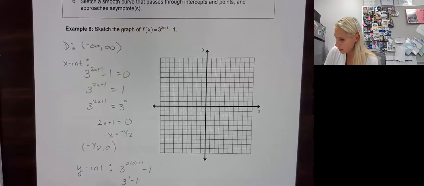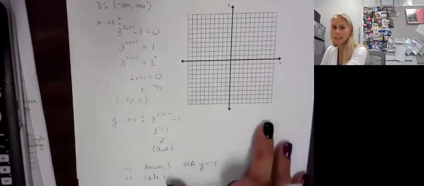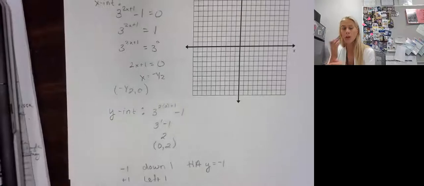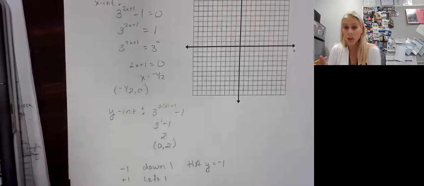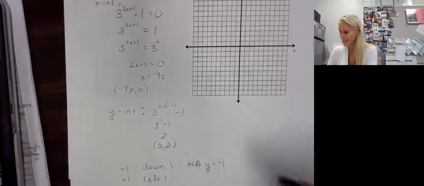So the plus 1 on the inside makes it go left 1. And the 2, of course, does a horizontal stretch or shrink. But really, we don't have to worry about that right now. We can look at these other points and just connect.